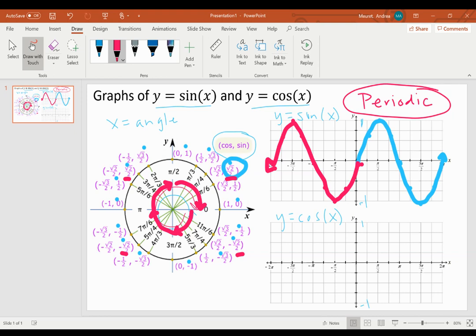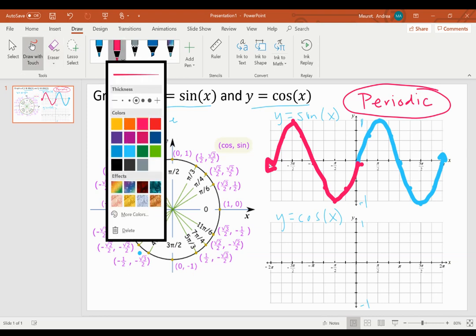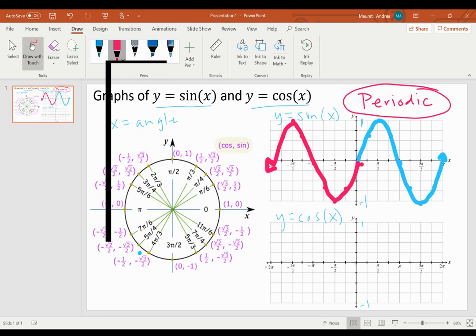So let's look then at the cosine. I'm going to erase what we were looking at over here so we can focus on the cosine of each of those angles going around the unit circle. In a similar fashion, we can look at the x values of each of these points.